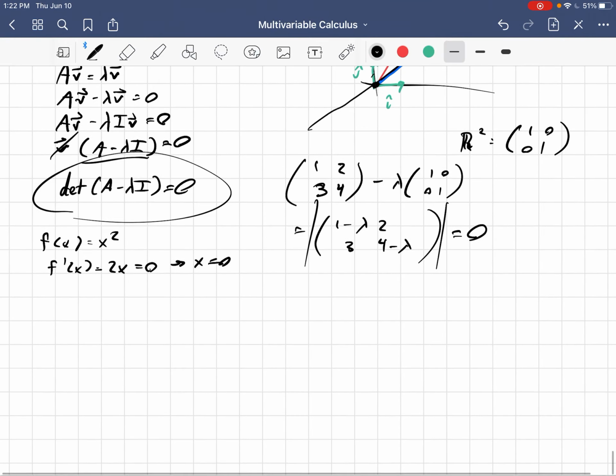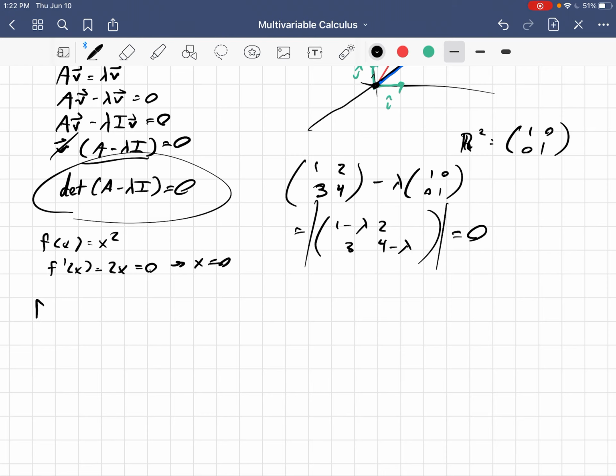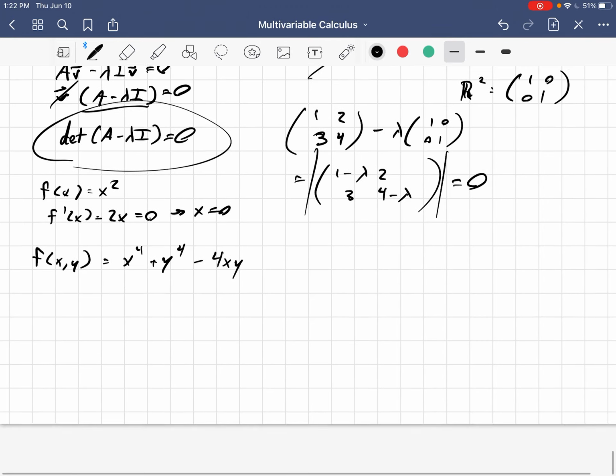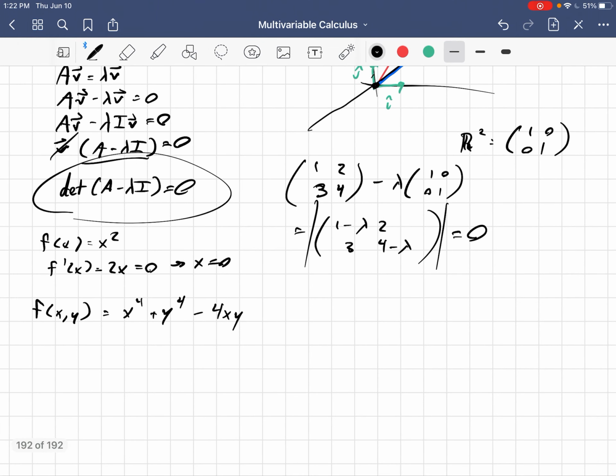So now let's do an example to cement this all together. Let's consider f of x, y equals x to the fourth plus y to the fourth minus 4xy. First we need to find the critical points, which is done in the usual way: we set the gradient of f equal to the zero vector.